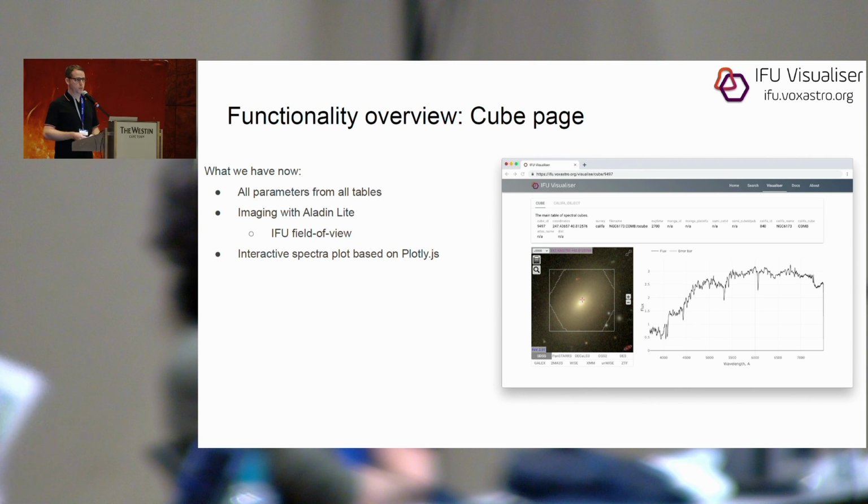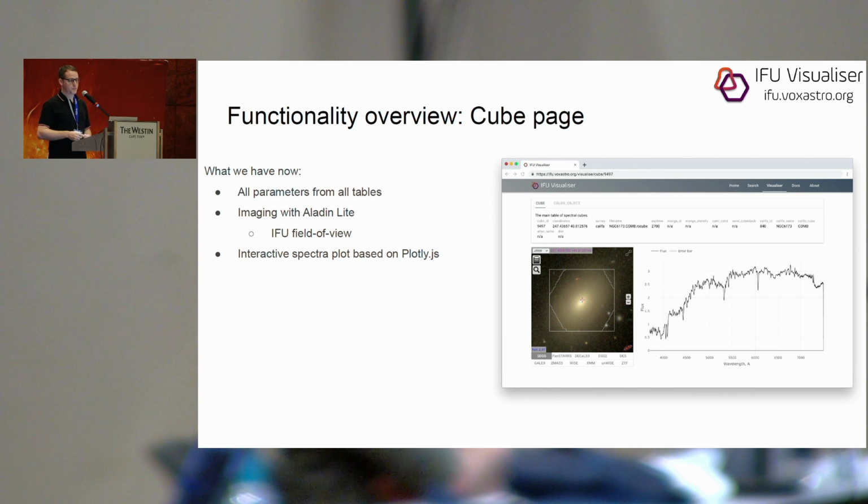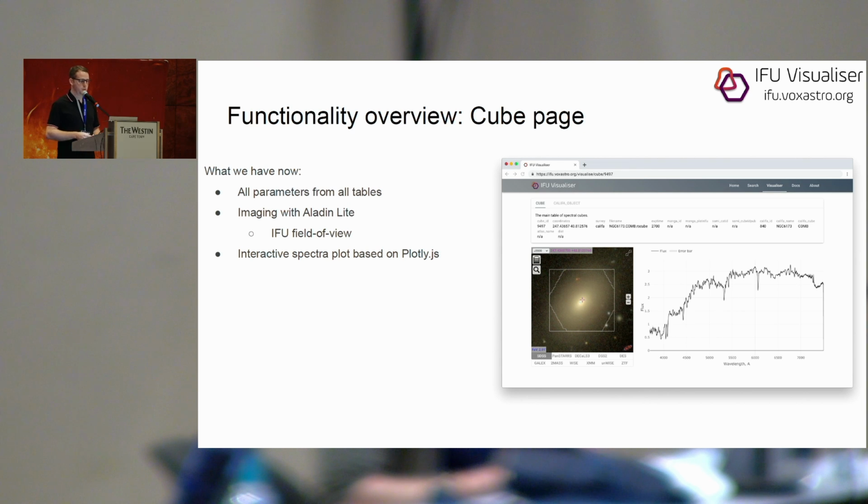Then Aladin Lite with a set of buttons where you can quickly change imaging surveys, and on the Aladin, in the gray line, you see the field of view of the spectral cube, and clicking on different points of the galaxy, you will almost immediately retrieve spectra from the spectral cube, which will be fully interactive thanks to the Plotly.js library.